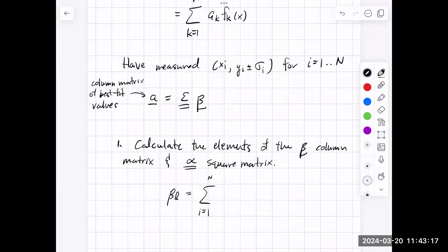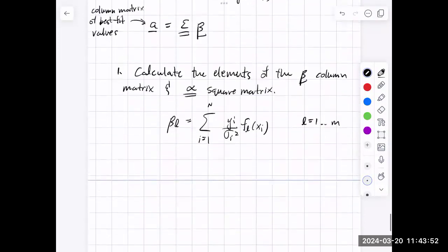So beta l has the sum of yi over sigma i squared times fl of xi, and l is going to be from 1 to m. And so you end up with m entries in your column matrix. And everything here is known. You know your y values, you know your x values, you know your sigma values, and you know the form of those functions of x.